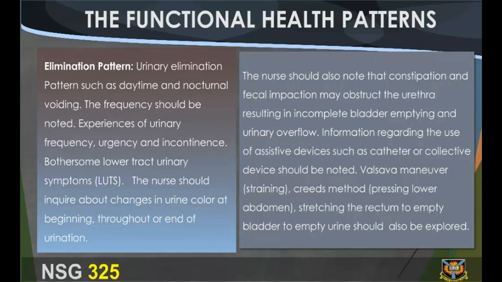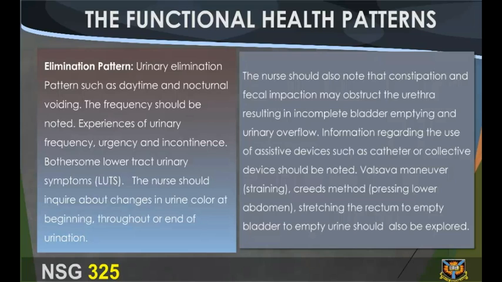Elimination pattern. Urinary elimination pattern, such as daytime or nocturnal voiding. The frequency should be noted. Ask about experiences of urinary frequency, urgency, and incontinence, and bothersome lower urinary tract symptoms. The nurse should inquire about changes in urine color at the beginning, throughout, or end of urination.